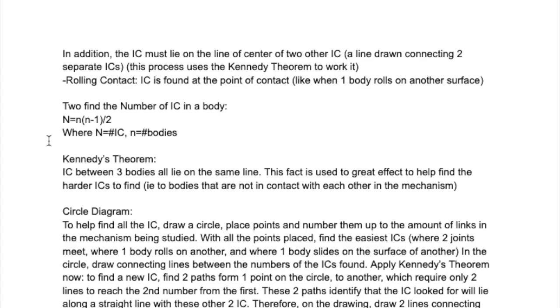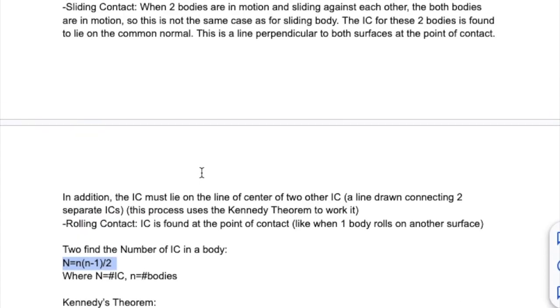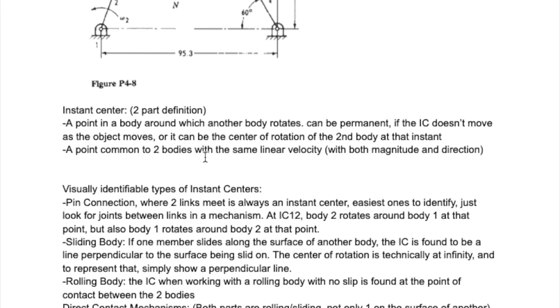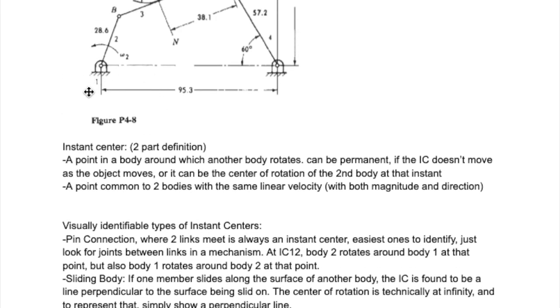Anyway, to find the number of instance centers, you use a simple formula, where N is the number of instance centers and small n is the number of bodies. Here we have the bodies numbered 1, 2, 3, 4, and 5.